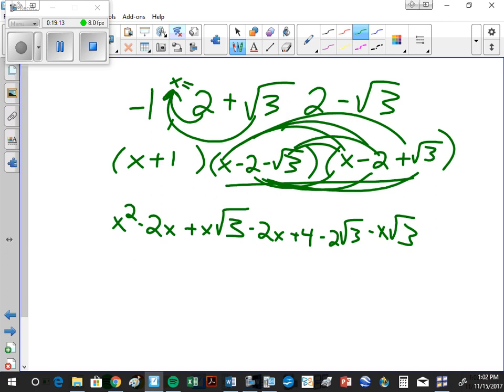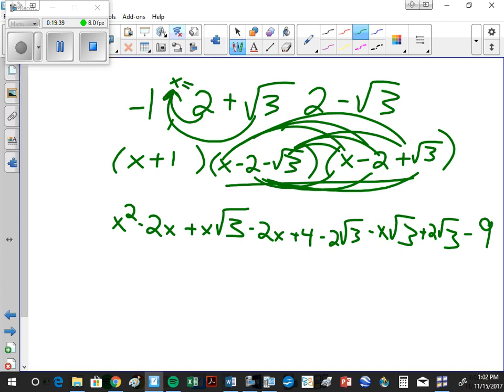And this one? Plus 2 root 3. And that one? Minus the square root of 9. What happens when you do root 3 times root 3? The square roots cancel. Any square root times itself is the number inside. So this will be minus 9.